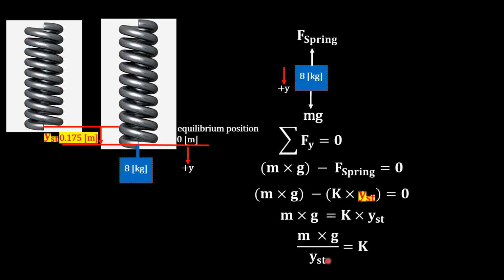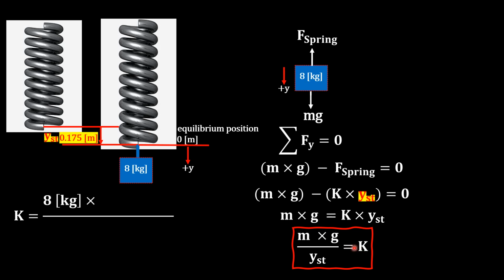So what does this equation tell us? It tells us that the less the spring gets stretched, the more stiff the spring will be, and vice versa. So here we will solve for the spring constant, and we will plug in the given values, which are 8 kilogram, 9.81 meter per second squared, divided by the amount that the spring is stretched due to the 8 kilogram block attached to the spring.